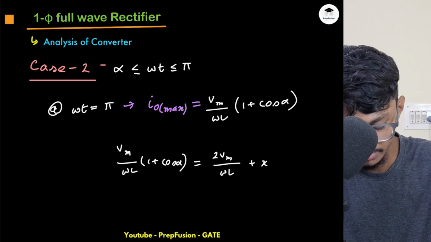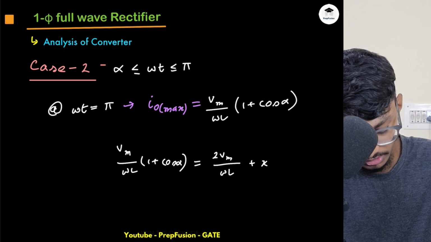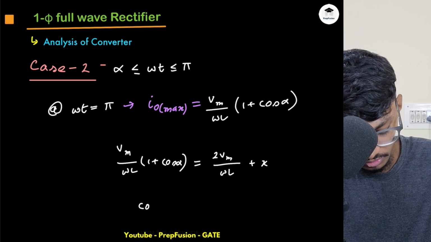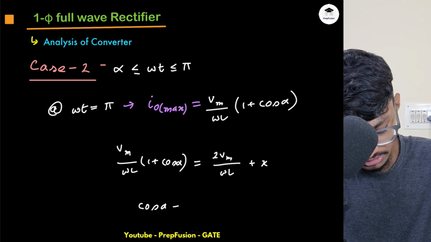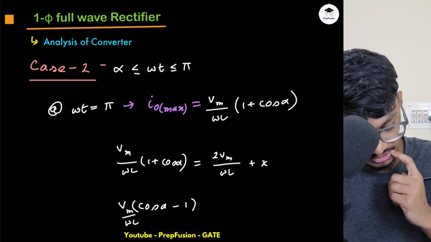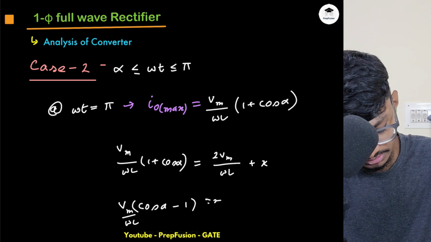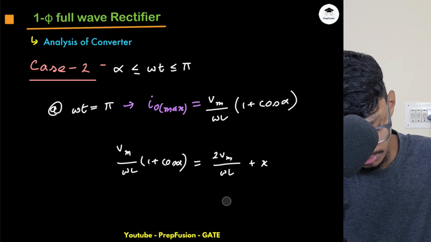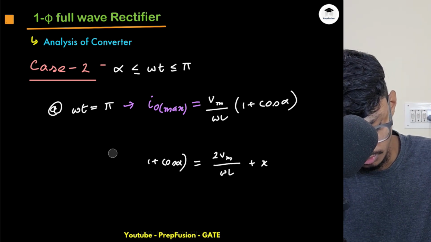So here this 2 Vm upon omega L will go over there, so this will be cos alpha minus 1 times Vm upon omega L. Yeah, this is correct only. So this will be my x.